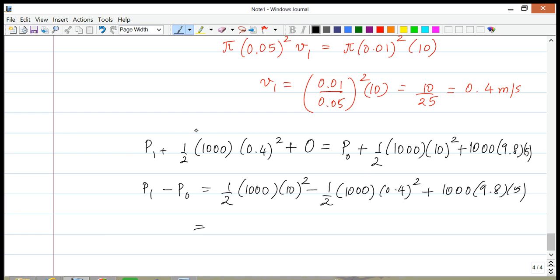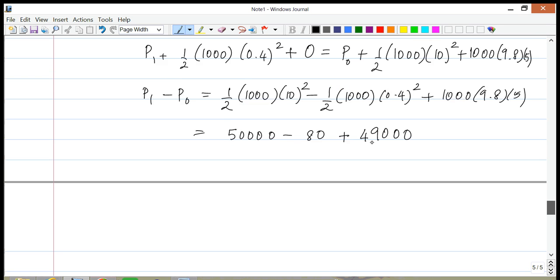The first term is 50,000. The second term is 500 times 0.4 squared. 0.4 squared is 0.16 times 500, so that will be equal to 80. The last term is going to be 5,000 times 9.8, so it will be equal to 49,000. Great, we have all our terms.